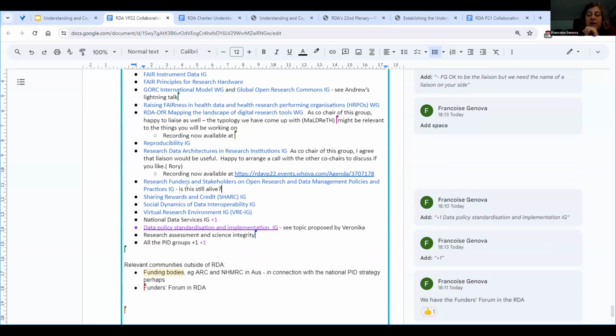And I am not sure what happened to that group. Okay, but so that's the research. Yeah. So the Funders Forum is definitely alive because it's got a meeting scheduled for the 24th of this month. But it's an email list and a Zoom meeting. I don't think the associated interest group is still active.